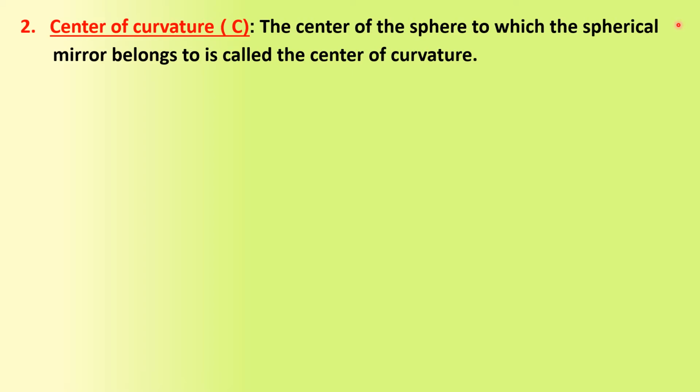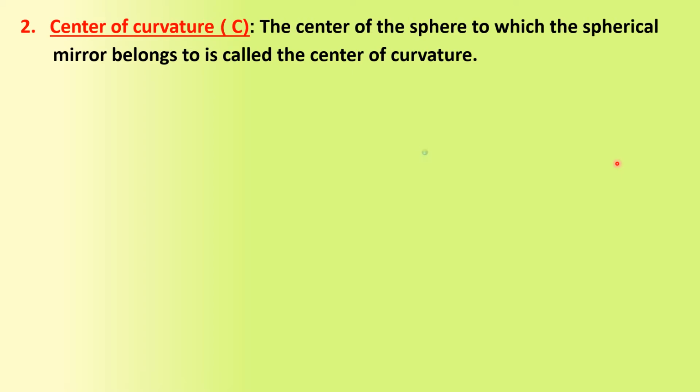That means we have taken the spherical surfaces from a sphere. That is, these spherical surfaces are the parts of a sphere. So the center of that sphere is called the center of curvature of mirrors.